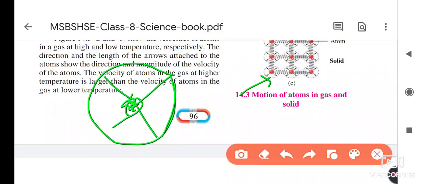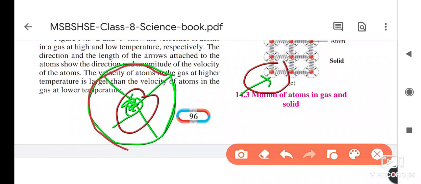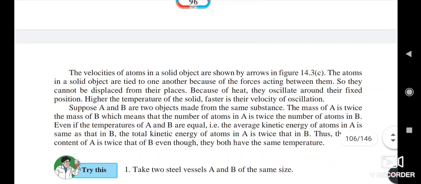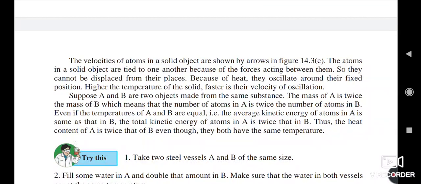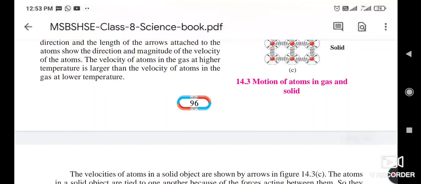As we increase the temperature of the solid structure, the molecules oscillate at a particular position. The velocity of the molecules increases, but they do not leave their original structure or position. The velocities of atoms in a solid object are shown by arrows in figure number 14.3.